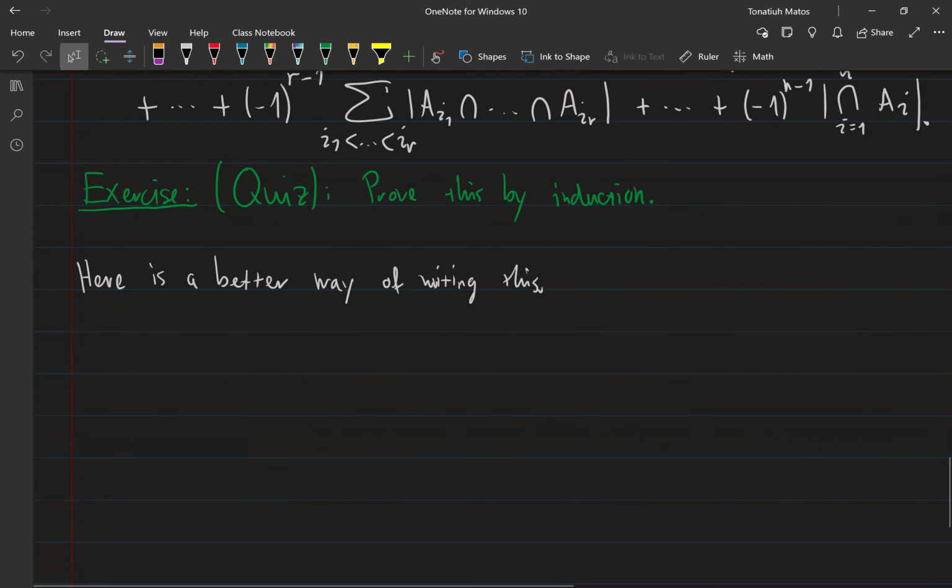Okay, here's a better way of writing this. For each t, every time you take a subset of the indices, they go from 1 through n.